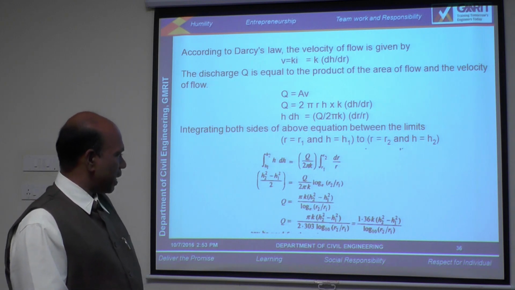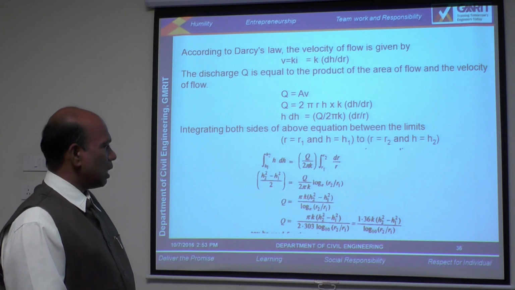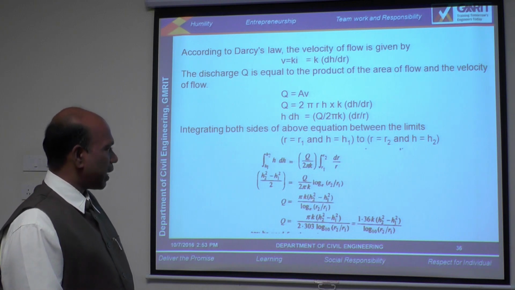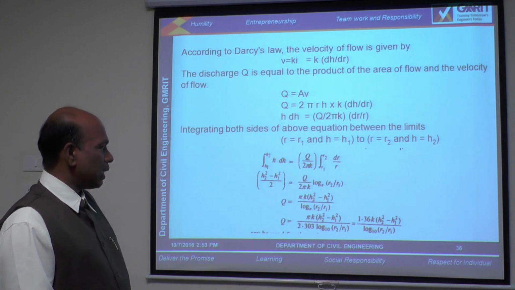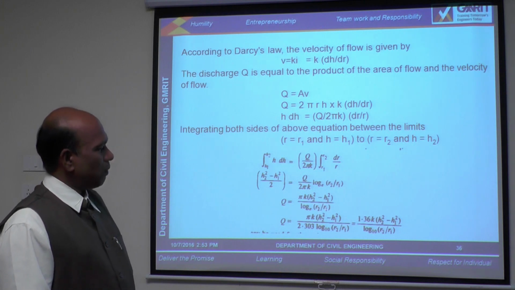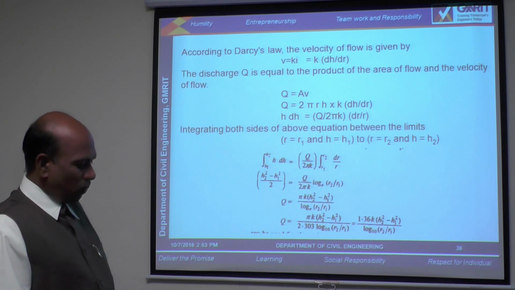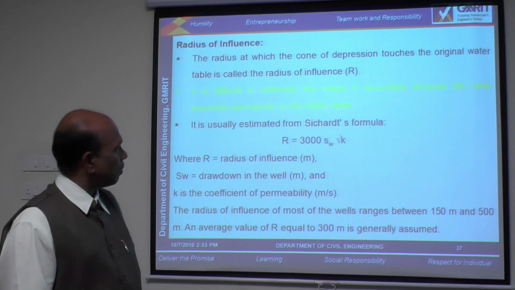Here pi is constant, K is also constant, that is the coefficient of permeability, which depends upon the soil characteristics. H2 is the outer well water level, H1 is the inner well water level, R2 is the radius of the outer well, that means well number 2, and R1 is the radius of well number 1. This is the formula for the determination of flow rate into an unconfined aquifer.